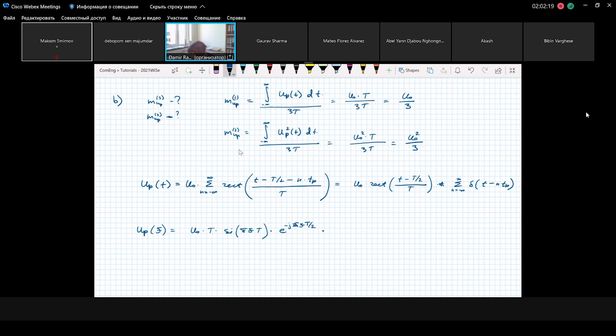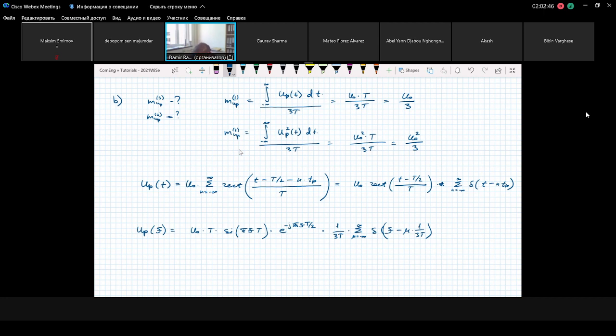After the Fourier transform, we get 1 over 3 capital T, the duration of the period, times the summation over mu from minus infinity to infinity of delta pulse f minus mu 1 over 3 capital T.